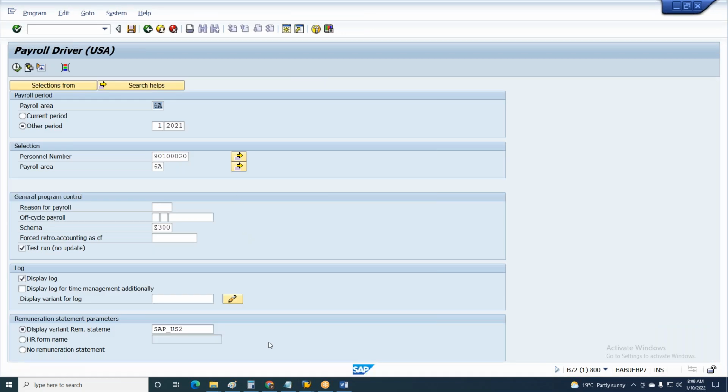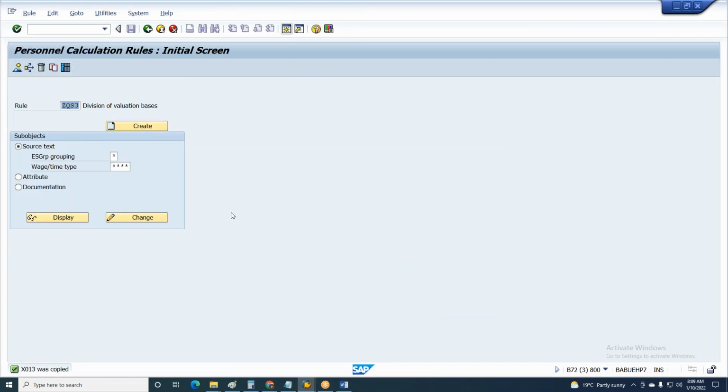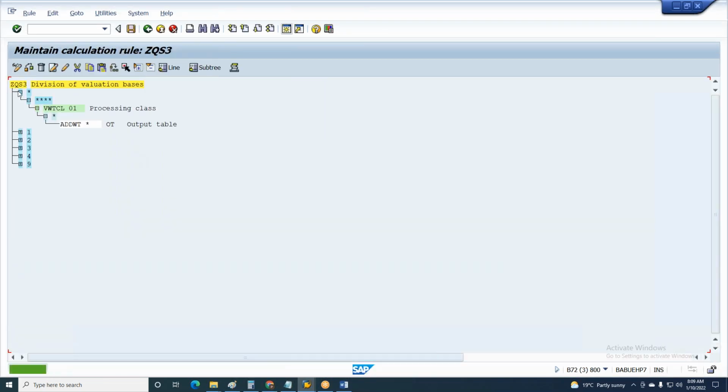How do we change it? Look at it. For salaried employee, hourly employee, you don't require any calculation or division. Just move them to the output table.